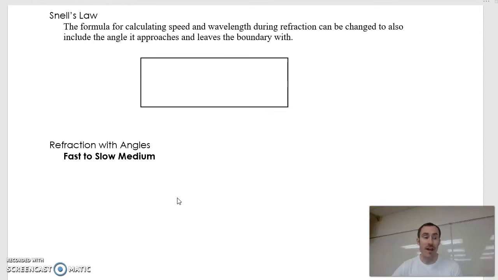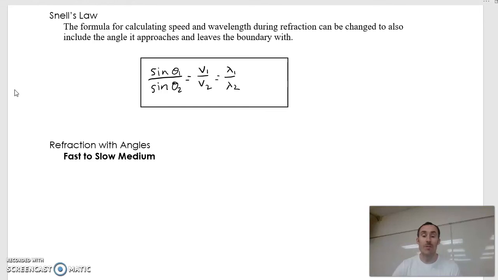So what we get then is the sine of θ1, or the sine of the incoming angle, the incident angle, divided by the sine of the refracted angle is equal to v1 over v2, which is equal to λ1 over λ2.